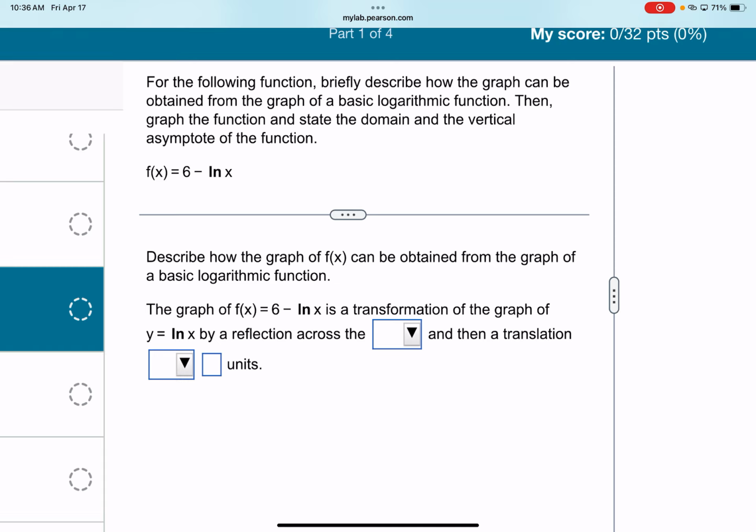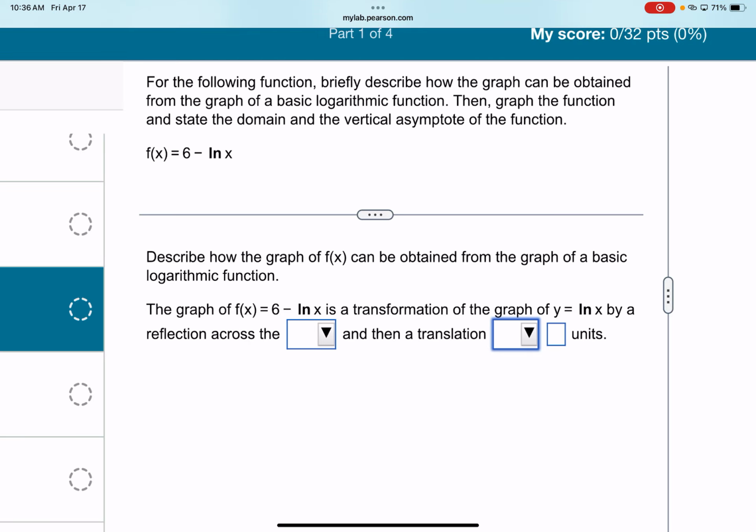And for log, it would look like this, where it goes to the point 1, 0, and the vertical asymptote is x equals 0. That's our base graph. And then the negative in front of that ln of x would be a reflection over the x-axis, because it's a negative in front of the entire graph.